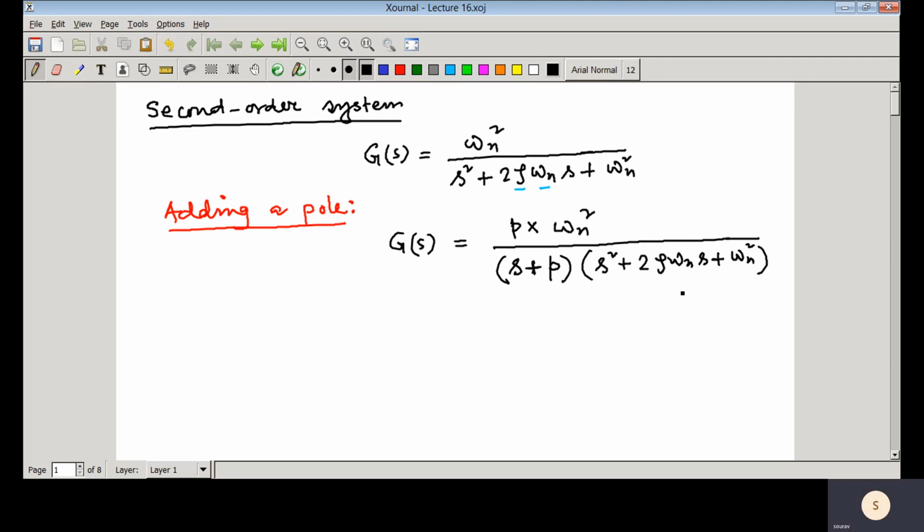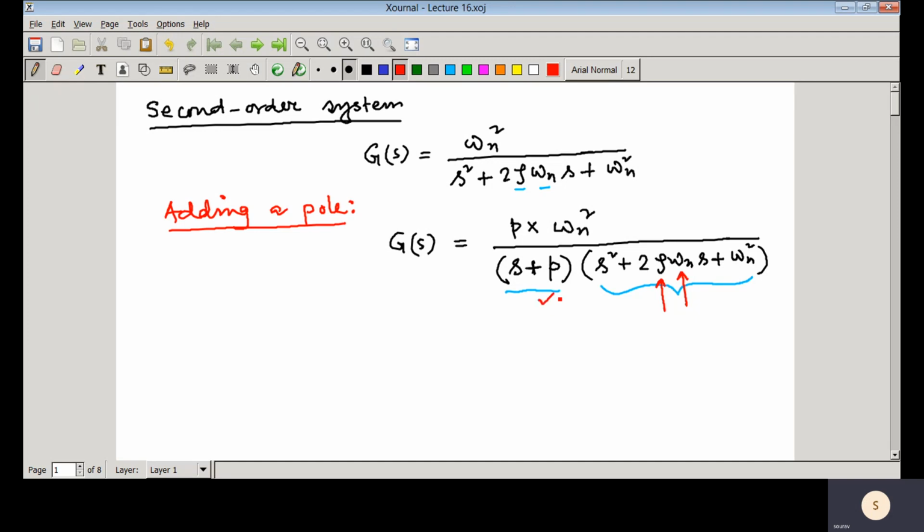Now our objective is to see how the time response will change whenever we introduce a pole. The reason is, if there is no pole, then we have a second order transfer function, and that response would be completely characterized by zeta and omega n.